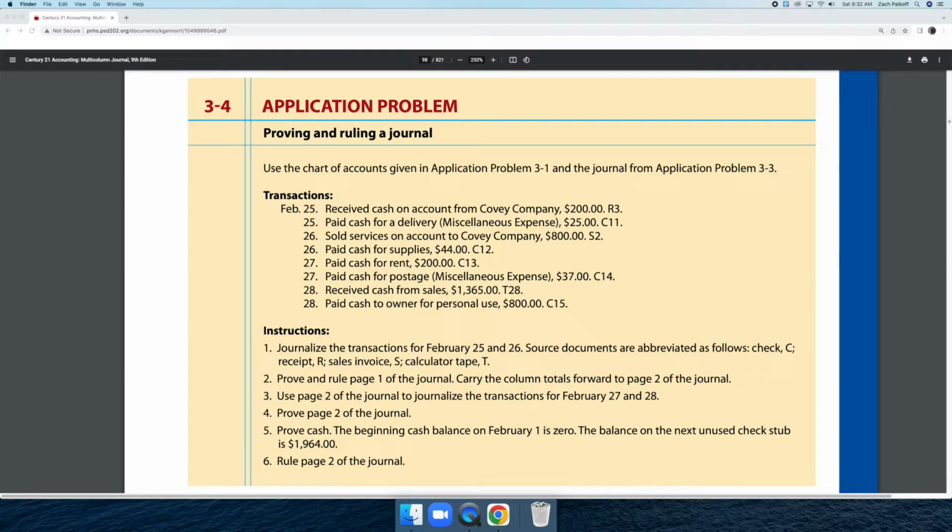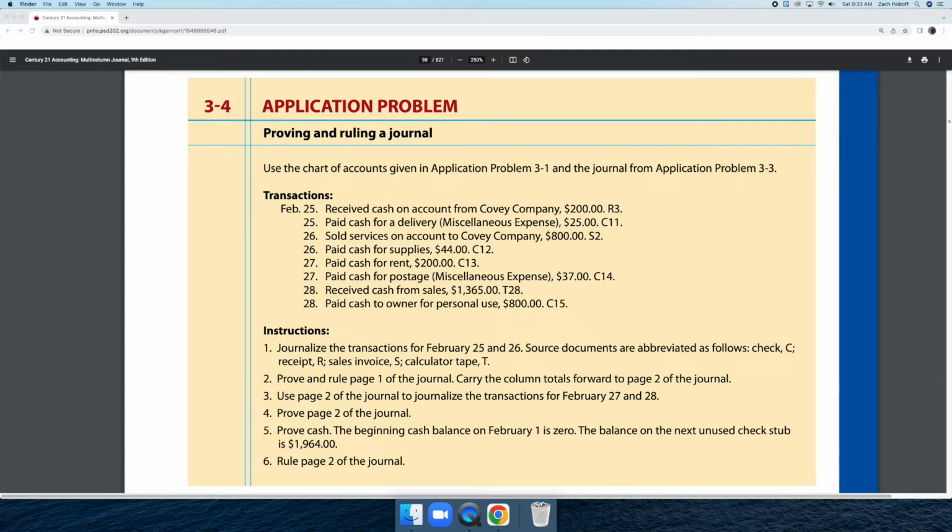So the instructions say, use the chart of accounts given in application problem 3-1 and the journal from application problem 3-3. As you can see here, we are given 8 transactions, and they are dated on February 25th, 26th, 27th, and 28th.